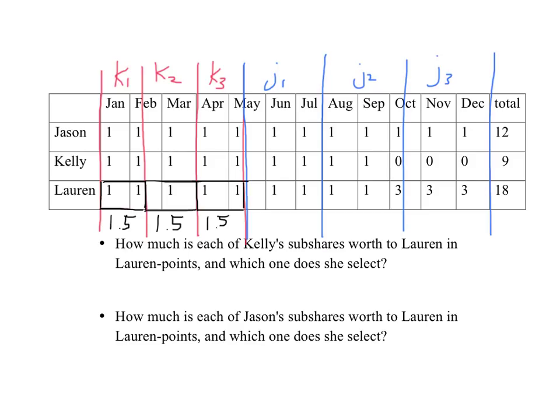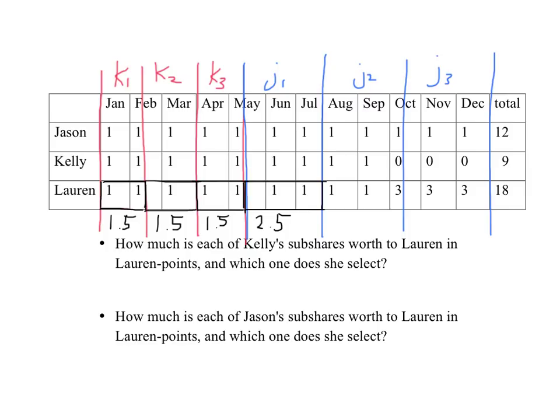Now, Jason's subshares are not equally valuable to her, so let's actually compute exactly how valuable they are. J1 consists of half of May. Okay, all of May would be 1 Lauren point, so that's half a point there, plus a whole point from June, plus a whole Lauren point from July, so that's 2.5 Lauren points total.